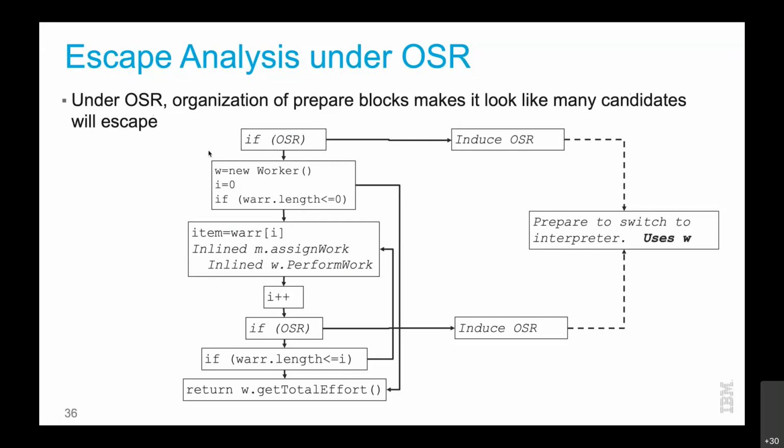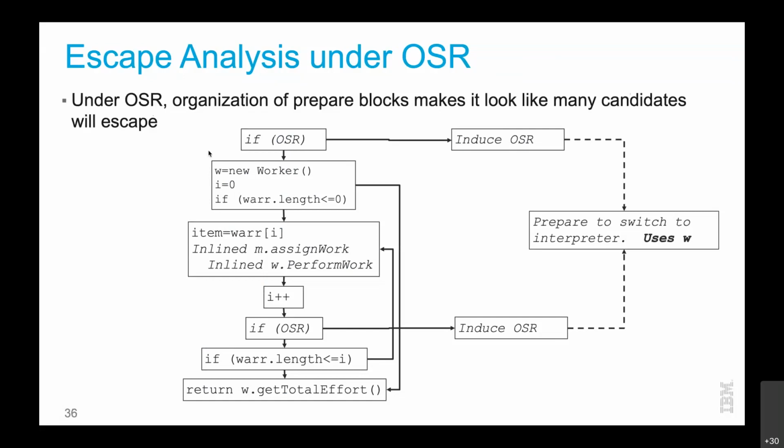Those two induce OSR blocks that appear will throw an exception, and they end up ultimately in a piece of code that is associated with the method, which does this preparation to switch to using the interpreter, helping set up the stack frame that's going to be generated.